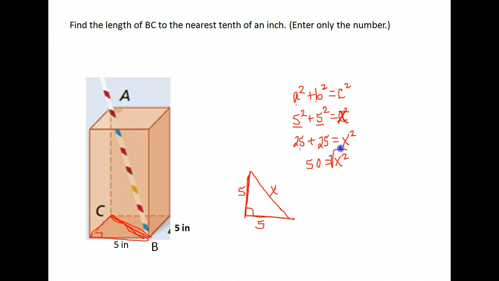By doing the opposite, which is to take the square root. So we take the square root of both sides, and we have the square root of 50 is 7.07. It wants to the nearest tenth, so that would round to 7.1 inches. So far in our drawing, we now know that this is 7.1 inches, and then on question number 1, we found this was 9 inches.